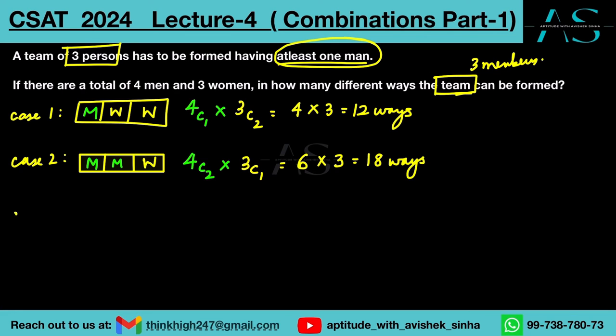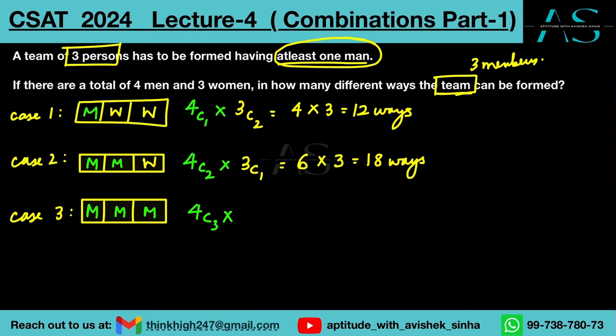Next, if we have a next case, let's see. Can we say the team that we're looking for may comprise all men? All men means at least 1 man is necessarily there. Now, how can we select 3 men from 4 men? 4C3.